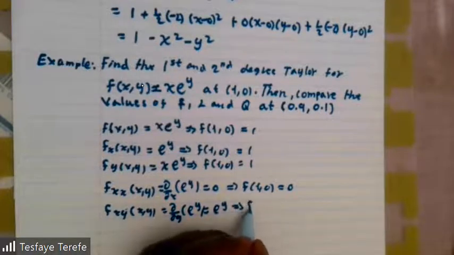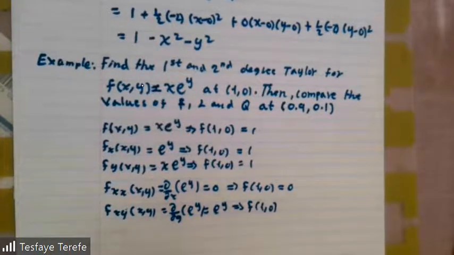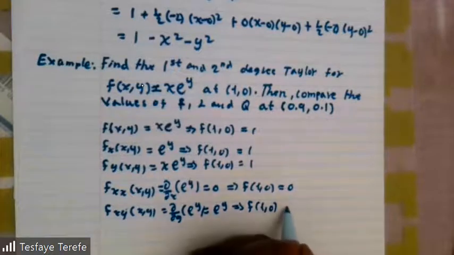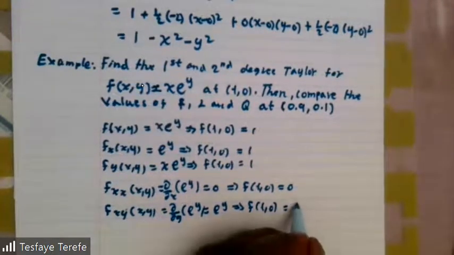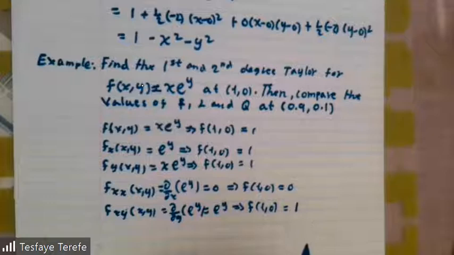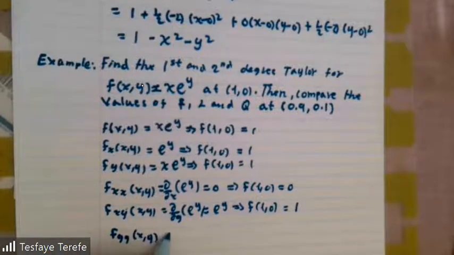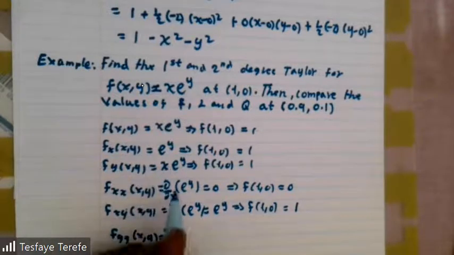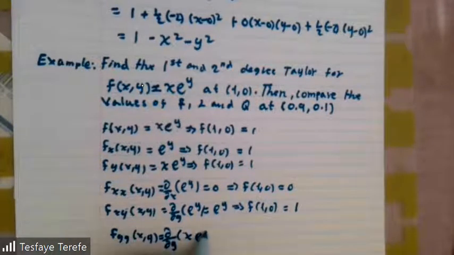And at the point (1, 0), where the value of y is 0, e to the power of 0 is 1. And the partial derivative with respect to y, that means I'm differentiating x times e raised to y with respect to y.